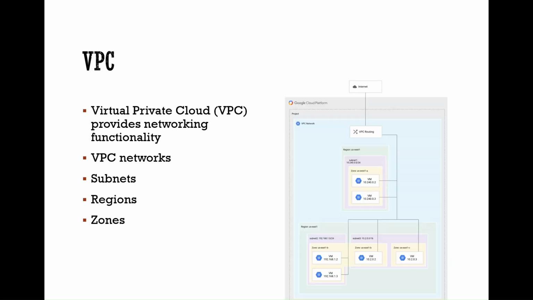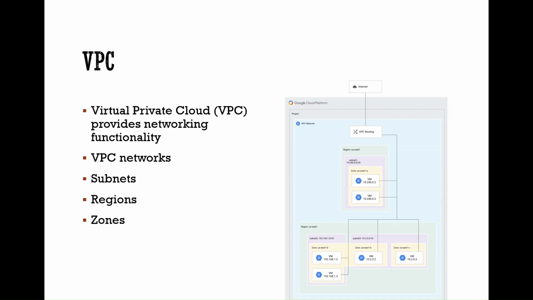We will focus on those services only which will be used in our demo of creating an ETL pipeline. First of all, every cloud network has this concept of VPC. In GCP, it's an isolated network, a VPC network, where you can create your infrastructure.